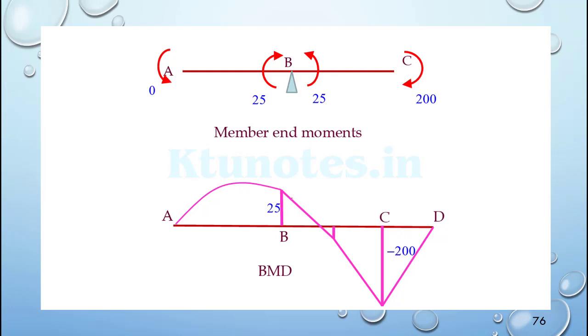So it is written here as AM final, the member end moments, and then the BMD is drawn from the member end moments. Here being 0, there is 0, and this gradually increases to 25 at the B point. Then at the right end of the beam it is also 25. Then it changes to 200 at the C point.